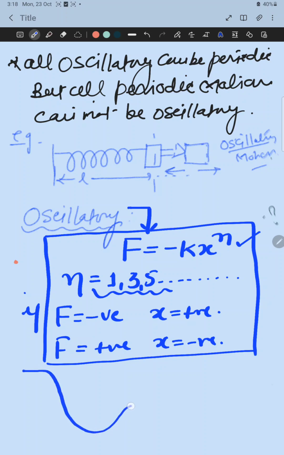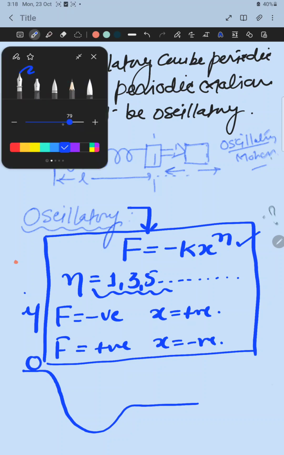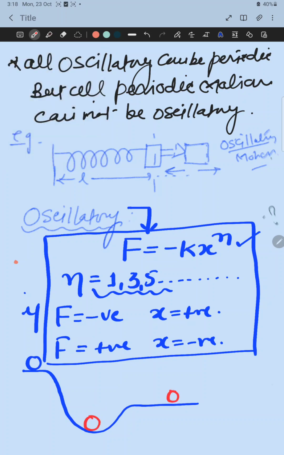Let me give you a very good example of it. If a ball is kept at a certain height, let's take these three positions. This is the position where we start offering force, in all three conditions.